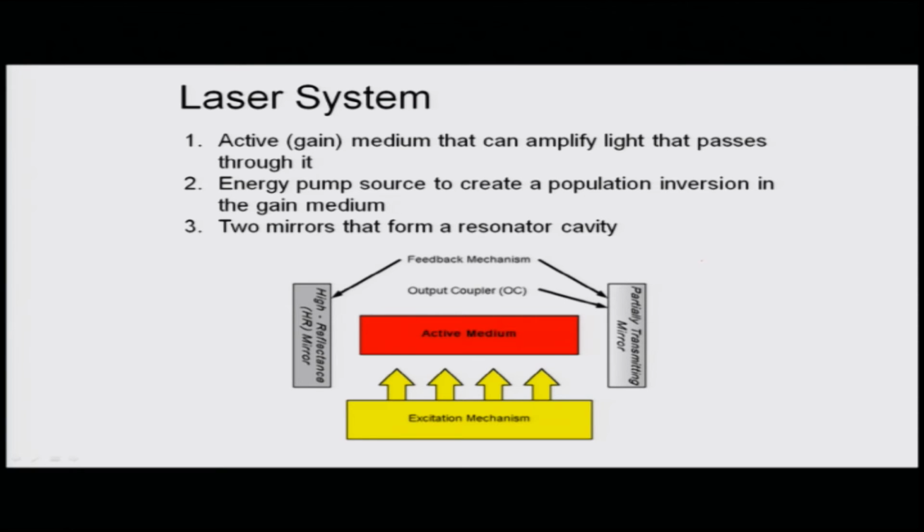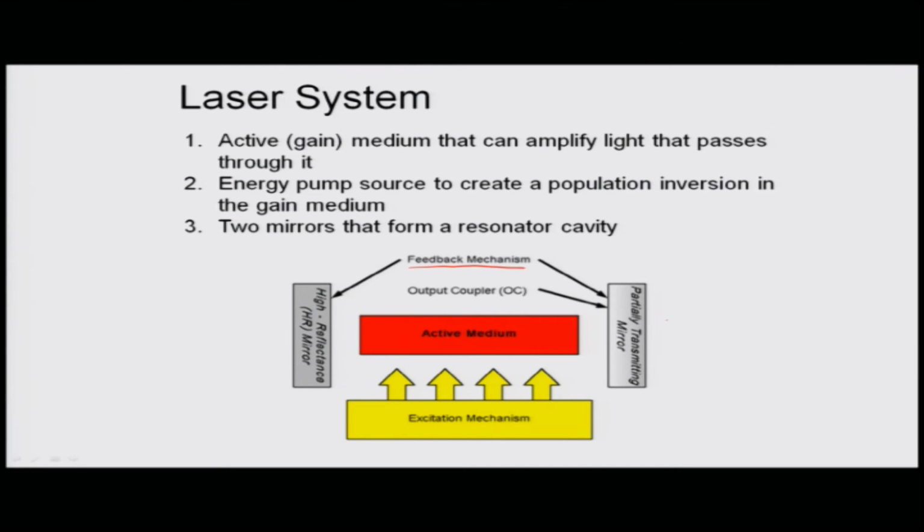So, in some sense the laser system can once again be looked at as the active media which is being excited or pumped by the excitation mechanism, and which is being put inside a resonator, with one side having the feedback mechanism. The part from which some of the energy is being taken out is technically known as the output coupler, and the other side, from which almost no light or energy leakage should happen, is known as the high reflector. So, this is basically the principle.